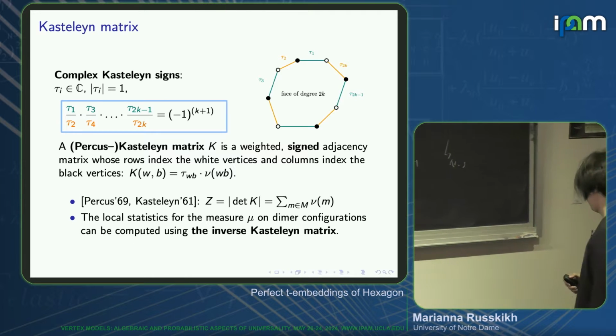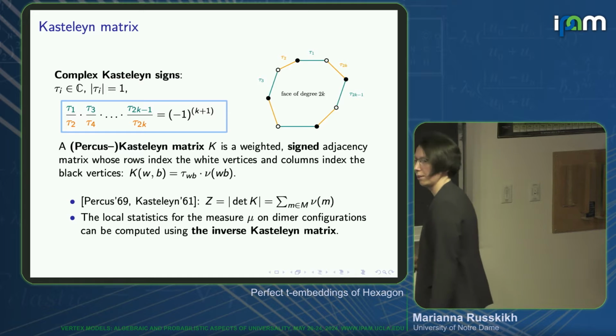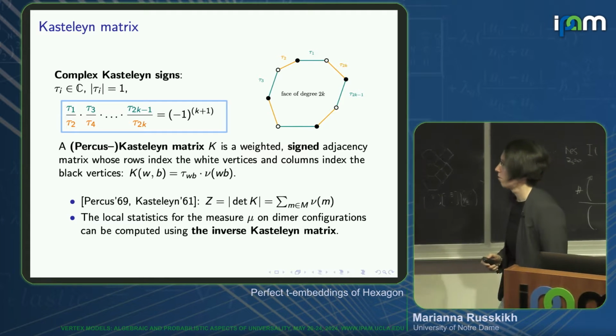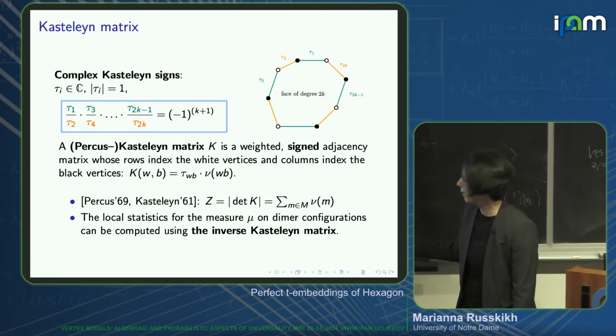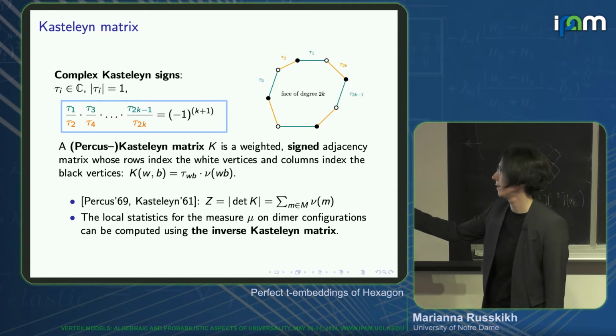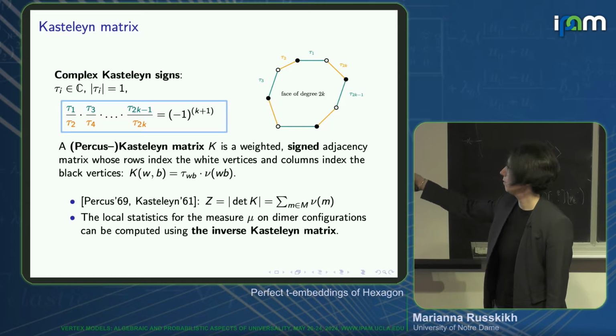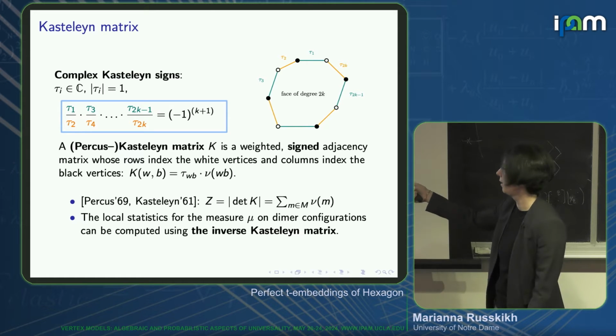One of the main tools and important objects in the dimer model is the Kasteleyn matrix. To define a Kasteleyn matrix, I first need to define the Kasteleyn signs. We know that for a bipartite graph, every face has even degree.